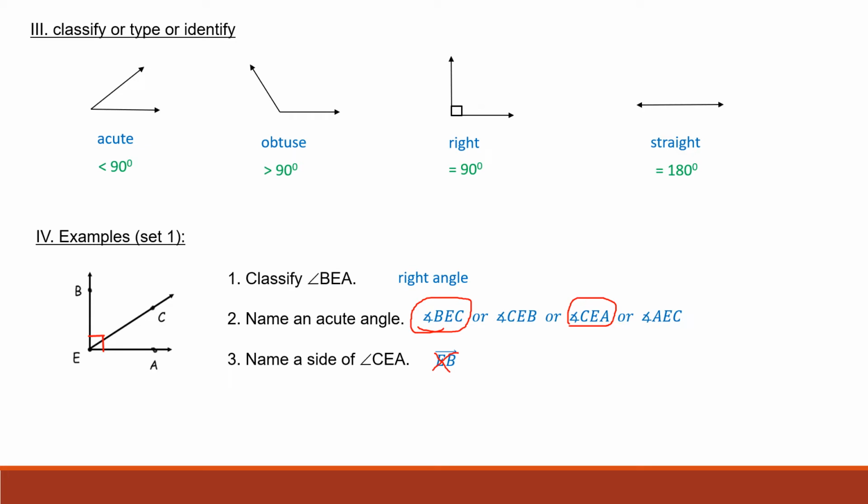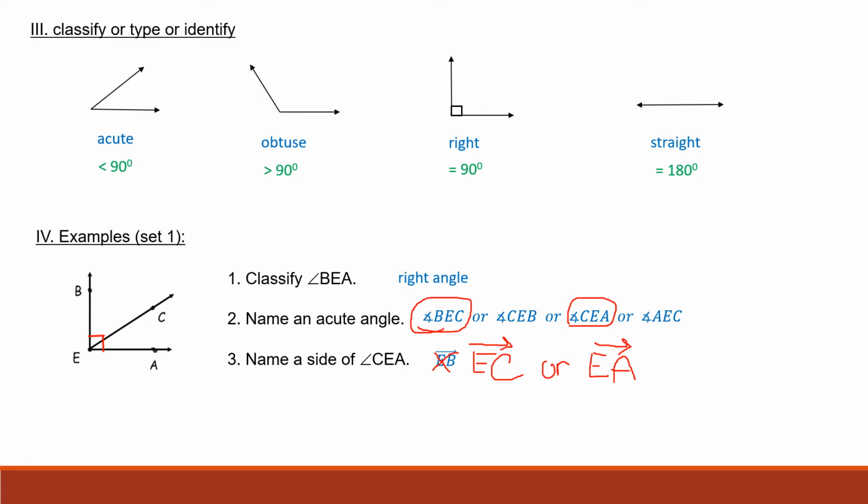Angle CEA would be ray EC, or what's the other ray? Yep, you're right. It's ray EA. Sorry about the handwriting, considering I'm using a mouse. Okay, that was a typo. I apologize about that.